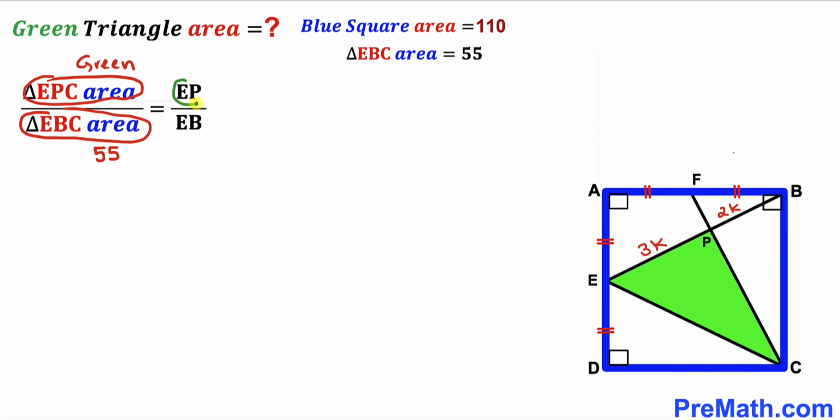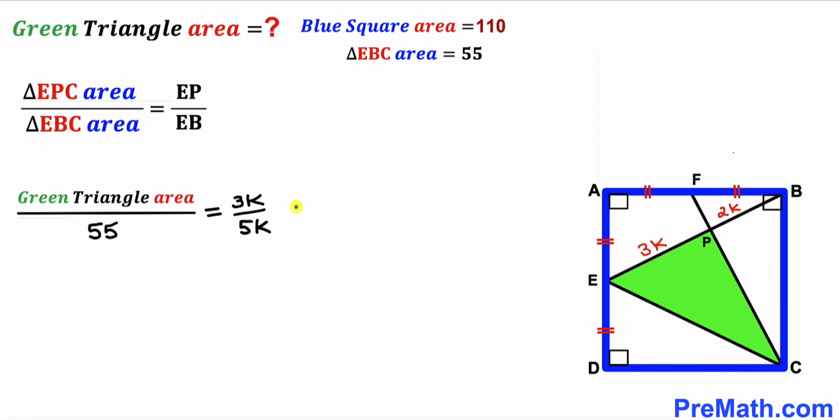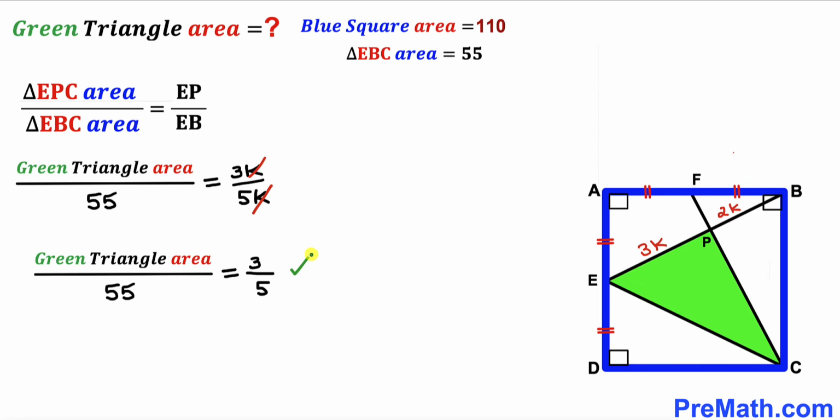Our segment EP length is 3k, and the whole length EB is 3k plus 2k, which gives us 5k, as you can see in this next step. Now k and k cancel out.